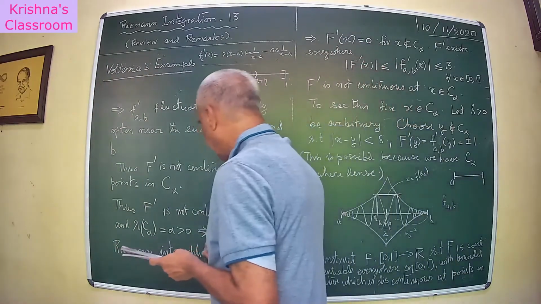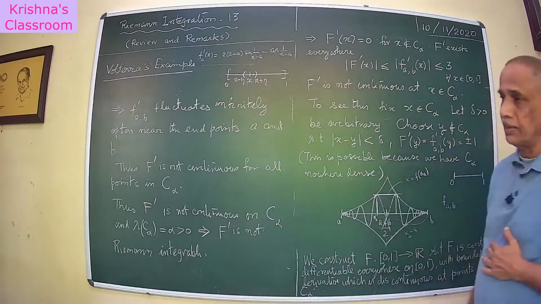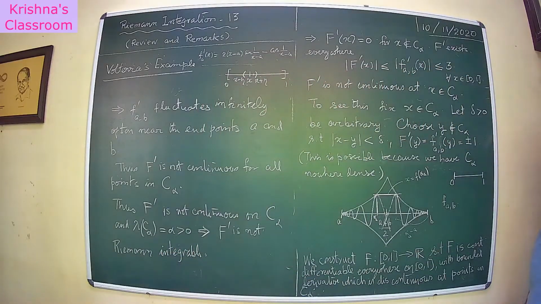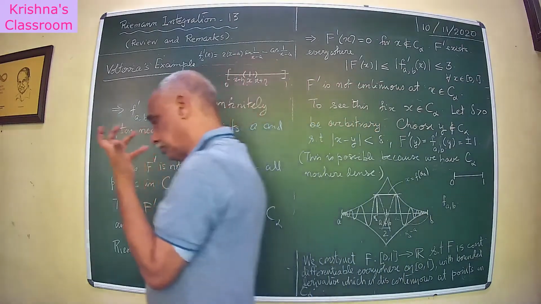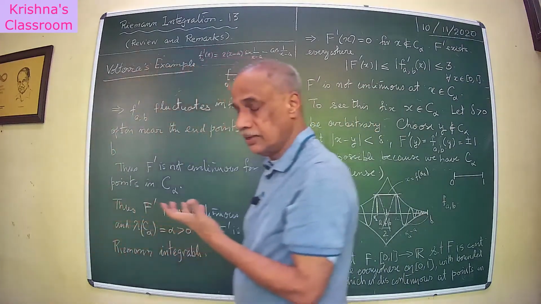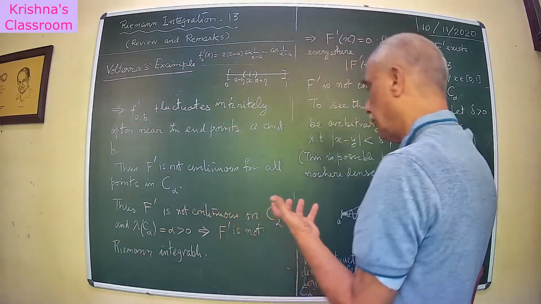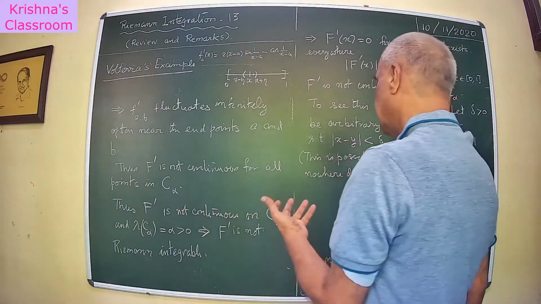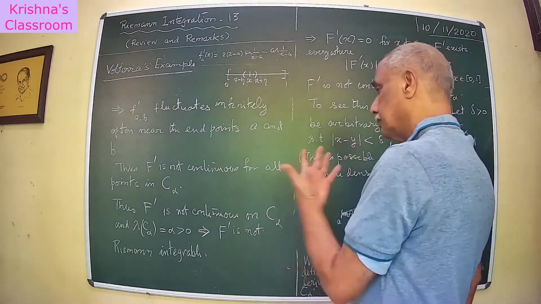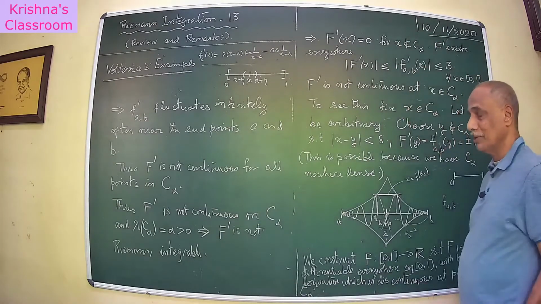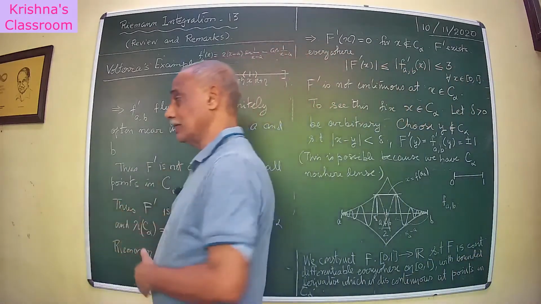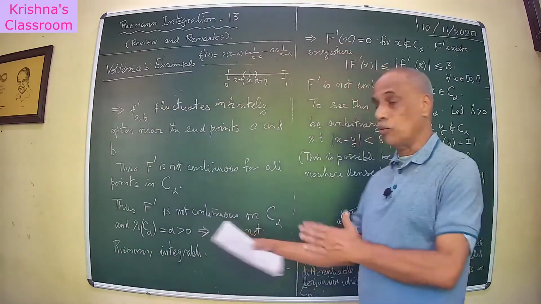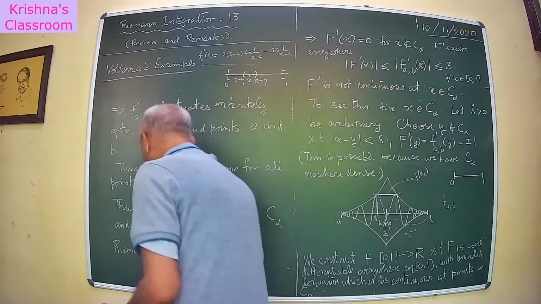Therefore, what we have obtained is a function capital F whose derivative is not continuous at all points in C alpha. But the lambda of C alpha is alpha, which is greater than 0, which implies f prime is not Riemann integrable. So what have we got? We have constructed a function f with the property that f derivative is not Riemann integrable. Therefore, how can you have a relation of this kind?